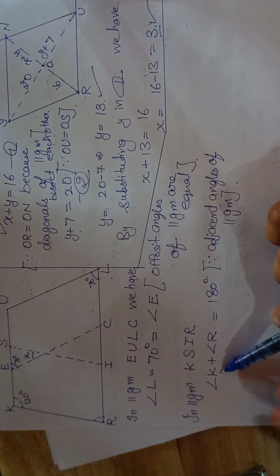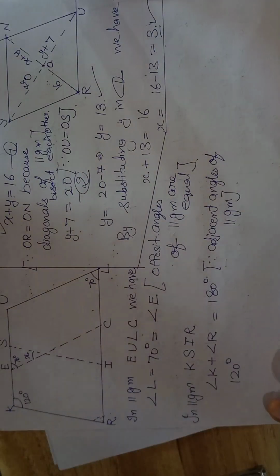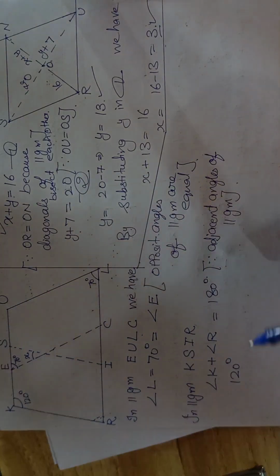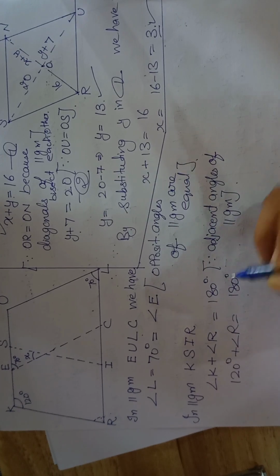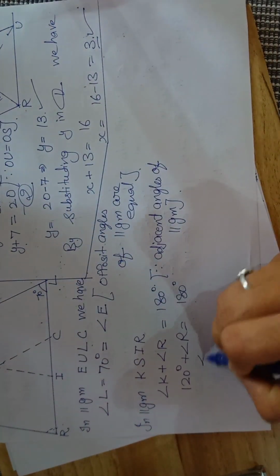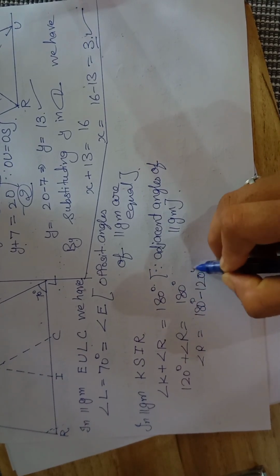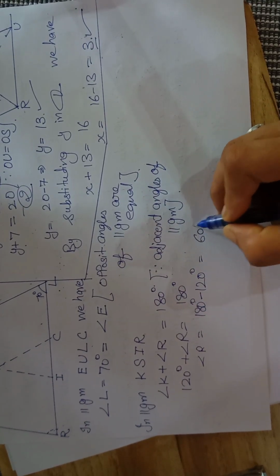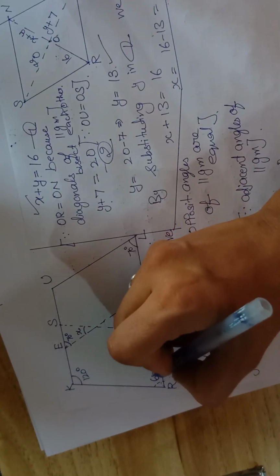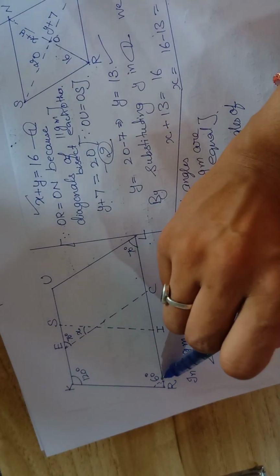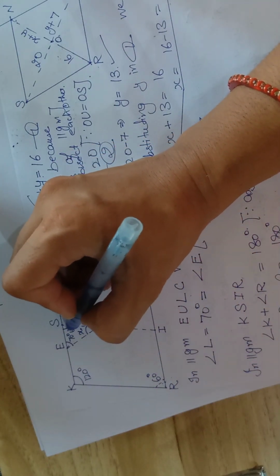And what is angle K? This is 120 degrees. So angle K is 120 degrees. So I can find my angle R with the help of this. So angle R is equal to 180 degrees minus 120 degrees, I have 60 degrees. So my angle R is 60 degrees. And if this is 60 degrees, my angle S is again 60 degrees.